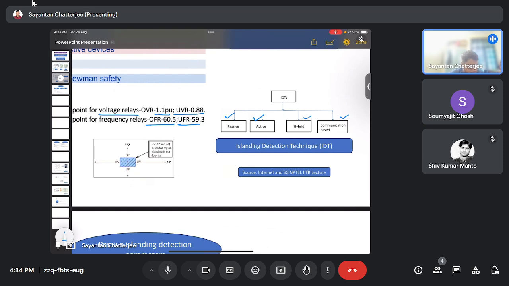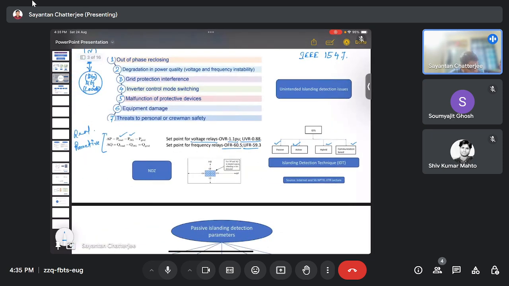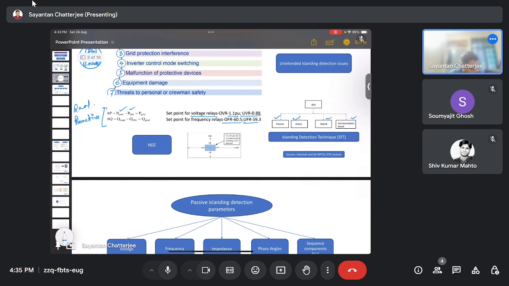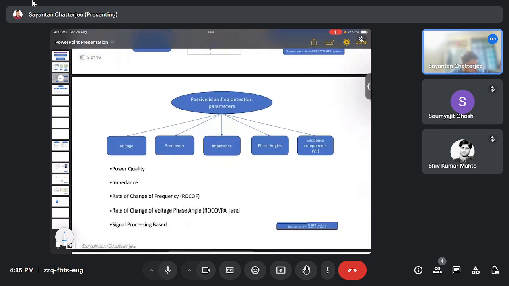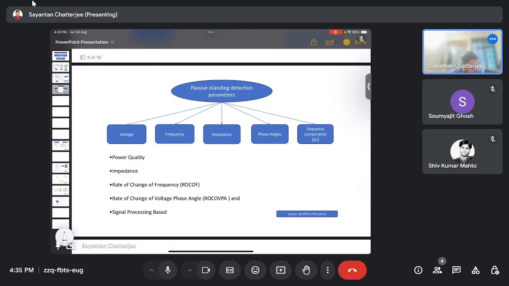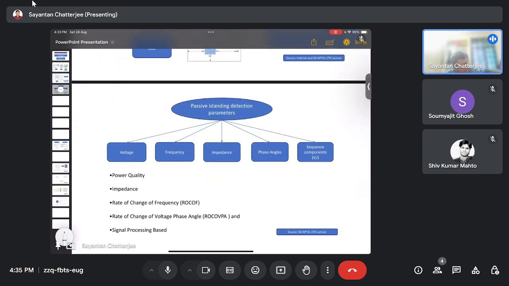In the passive islanding detection technique, we have to continuously monitor quantities like voltage, frequency, impedance, phase angle, sequence components, etc. Based on that, we first have to find out why we are detecting.